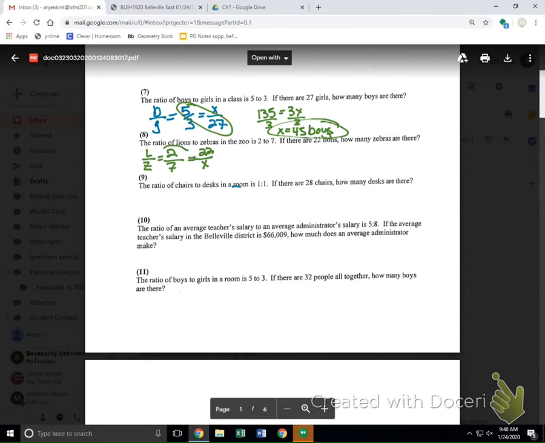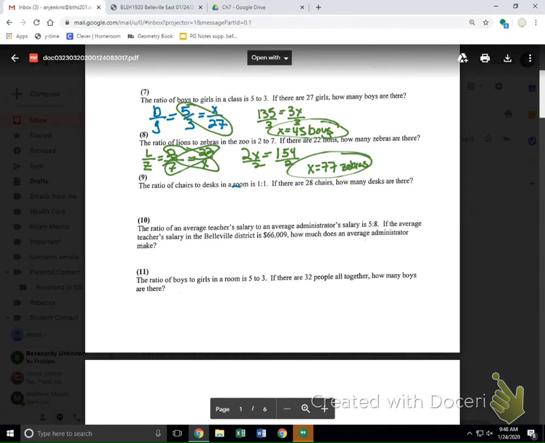We don't know, so we're going to put x. 2 times x is 2x. 7 times 22 is 154. We're going to divide by 2. We get 77, and then it's zebras, right? Zebras.